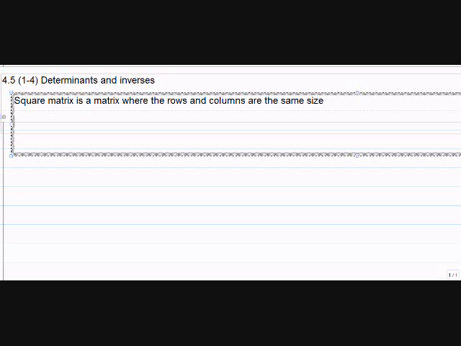Okay, the multiplicative identity is a square matrix with ones on a particular diagonal and zeros elsewhere.